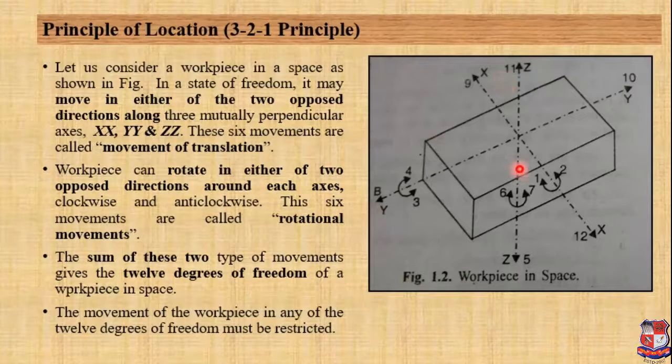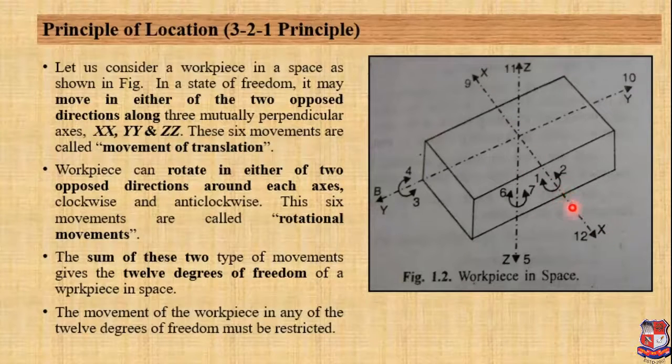Now the second thing: the workpiece can rotate in either of two opposite directions around each axis, clockwise and anti-clockwise. These 6 movements are called rotational movements. So let us understand these 6 rotational movements. Let us consider the x-axis.